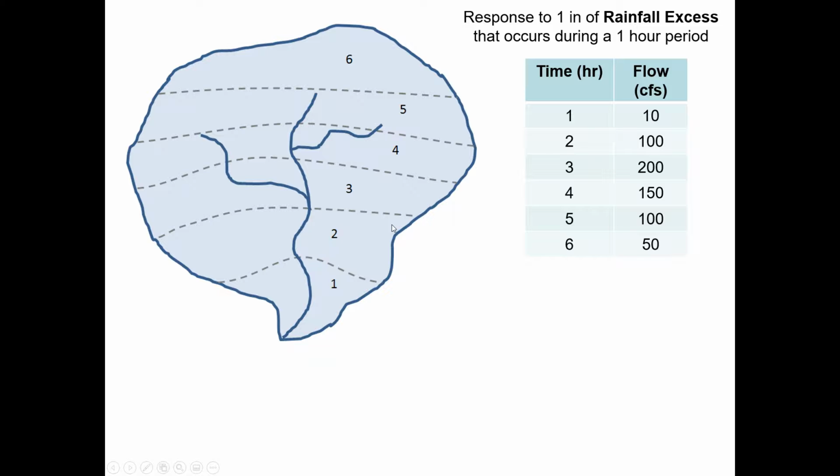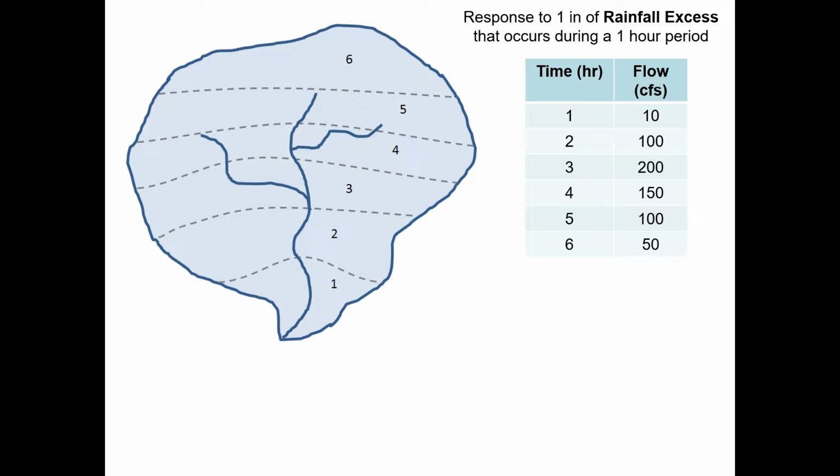So let's say that I have a storm that provides 1 inch of rainfall excess. And remember, I'm not saying 1 inch of rainfall, I'm saying 1 inch of rainfall excess. So that means that there was also a little bit more water that satisfied all of the abstractions, like infiltration, surface wetting, ponding, interception, and so on.